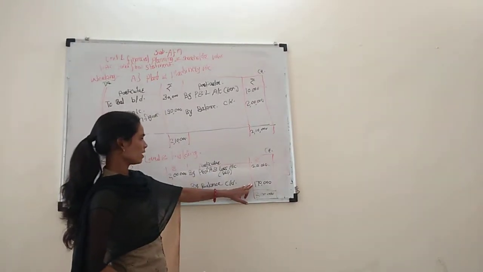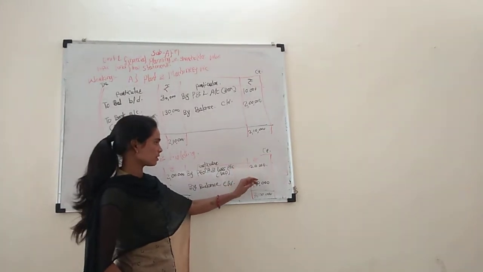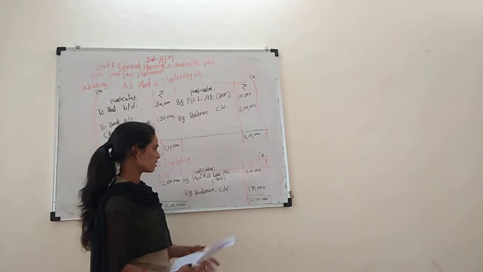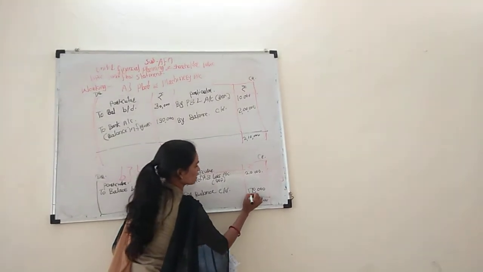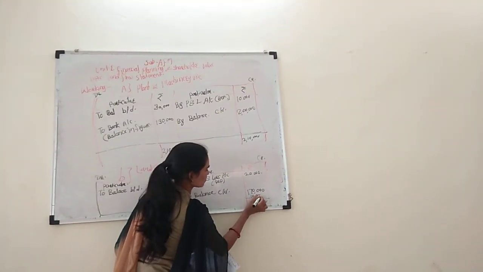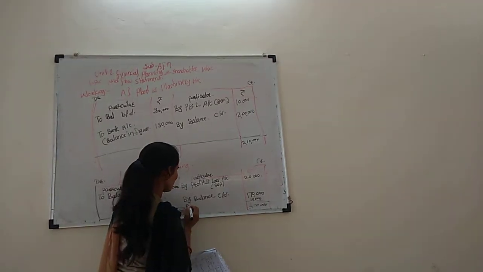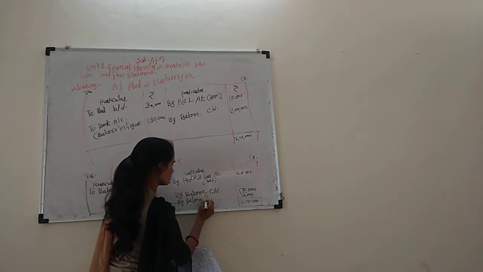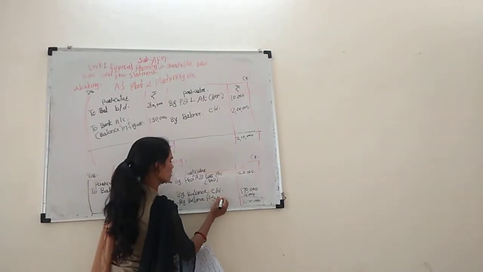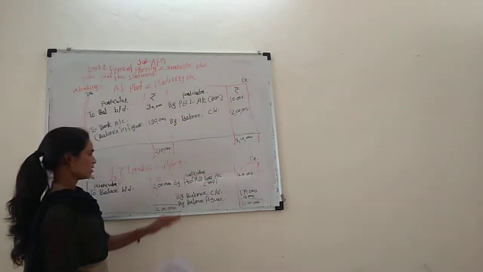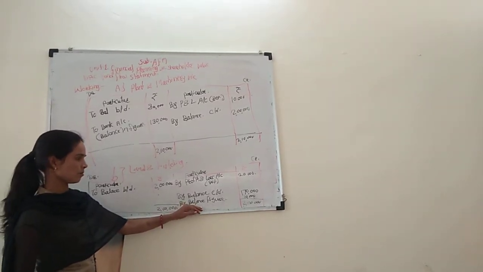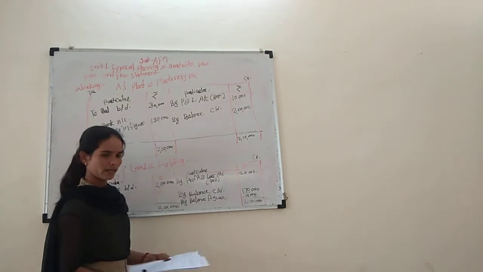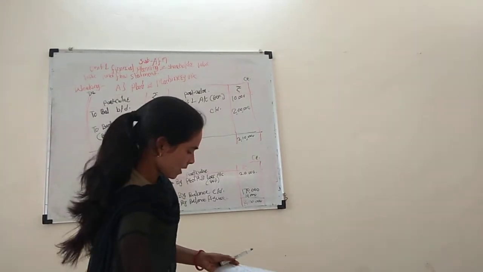So the 1,70,000 plus 20,000 is equal to 1,90,000. 2 lakh minus 1,90,000 is equal to 10,000, by balancing figure. This 10,000 is a source of capital in the fund flow statement.